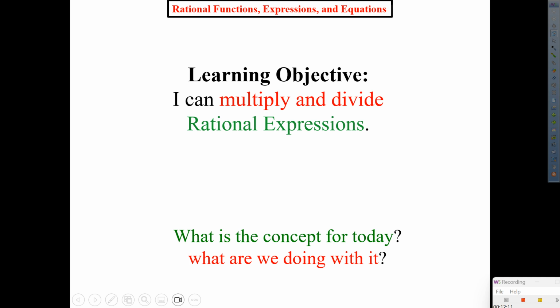All right, then tell your neighbor a definition in your own words what rational expressions are. In your own words, what are rational expressions? Without looking at your notes. Anthony E. Rational expressions in your own words.